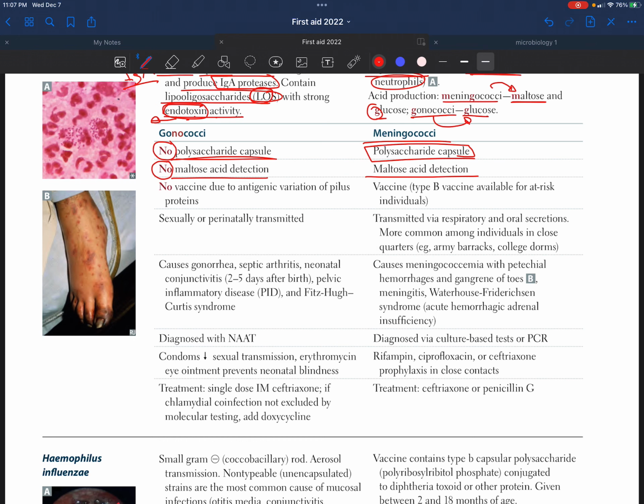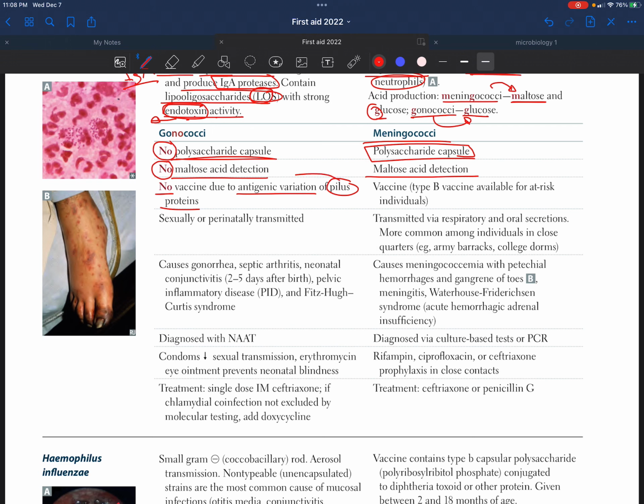Then the gonococci, they do not have a vaccine due to antigenic variation of pilus protein. So basically, in gonococci, they do have this pilus. It's their capability of attaching to the walls and everything. So these pili have a unique capability of changing their type based on conditions and by time, which means we cannot create a vaccine that covers all of these antigens.